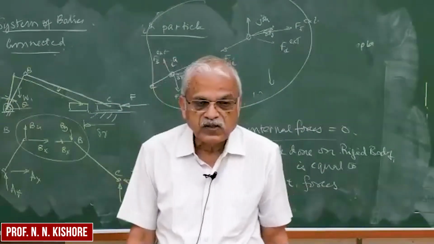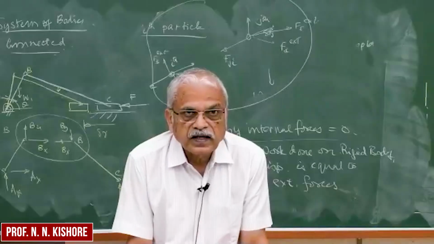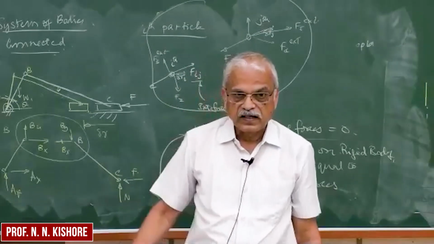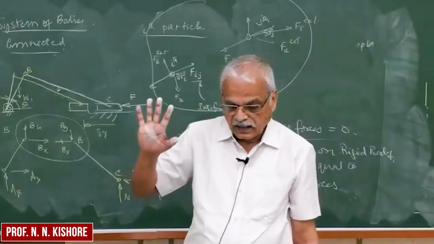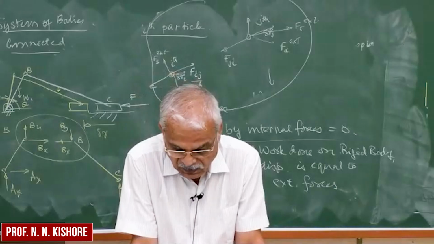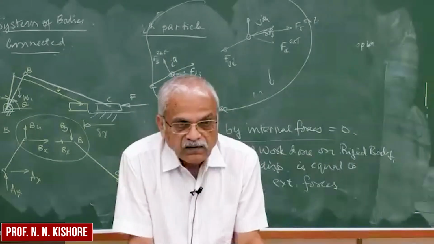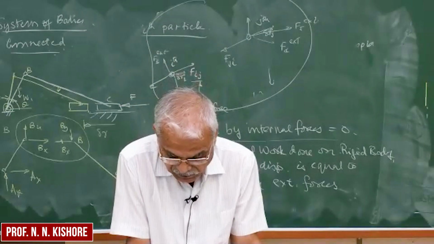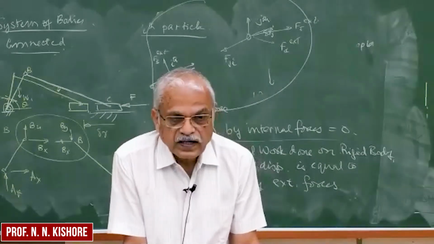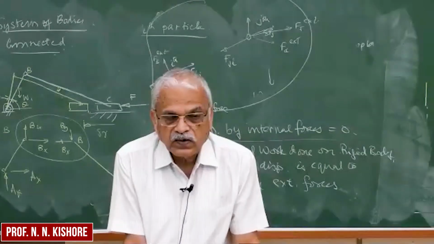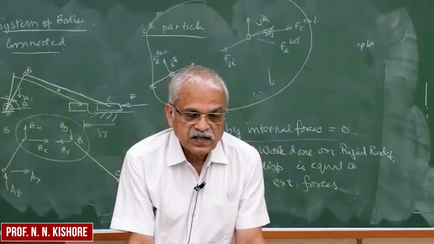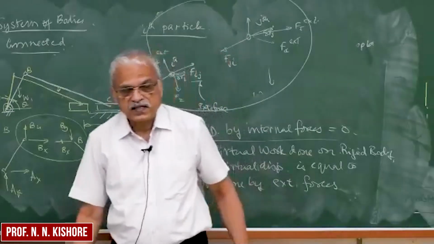So the principle, if I enunciate, okay, we'll discuss this a little bit more in detail. So the principle is that the virtual work done by all the external forces, okay, on this mechanical system in equilibrium is zero for any and all virtual displacements which are satisfying all the constraints imposed on the system.